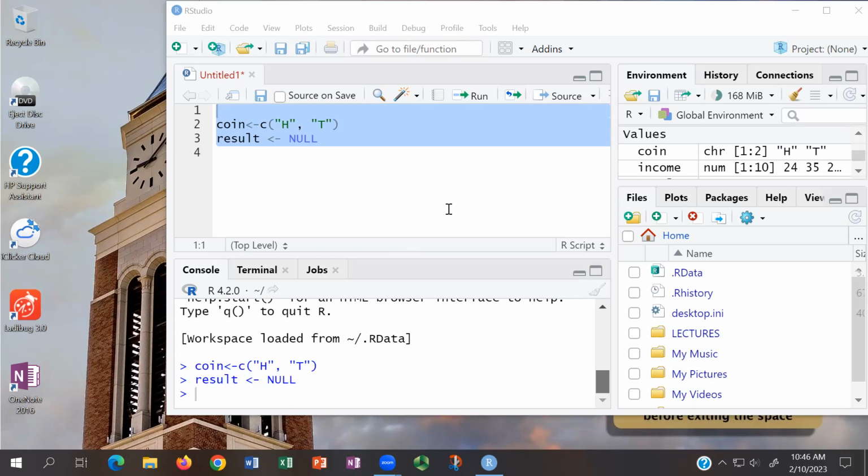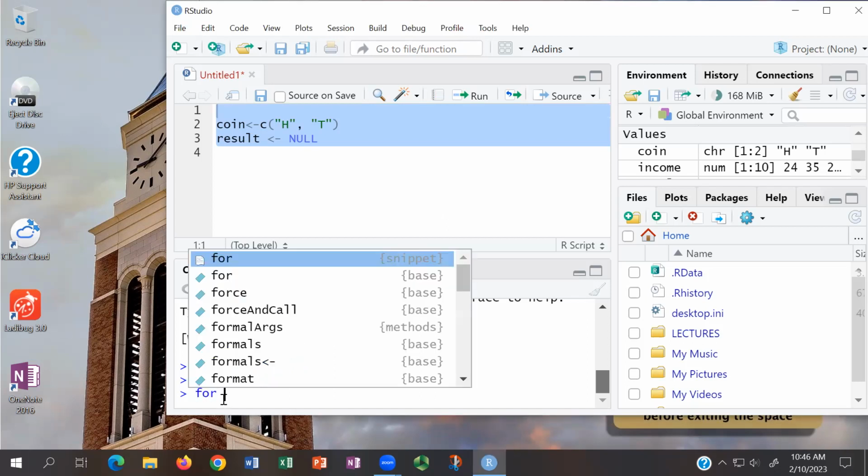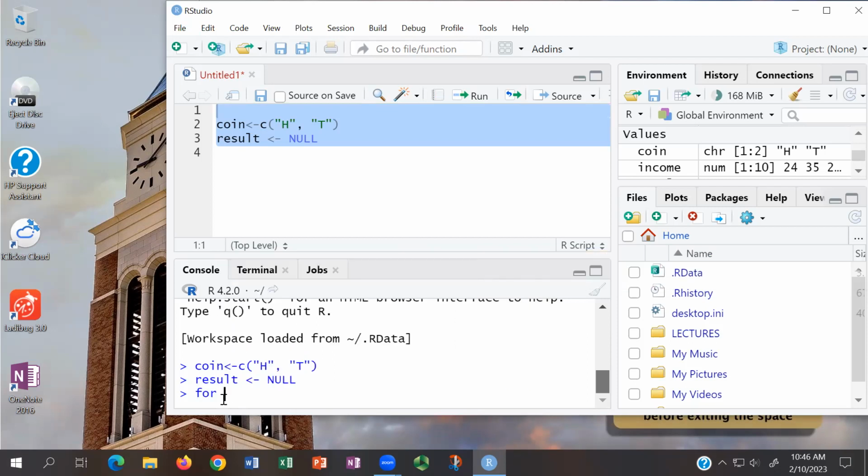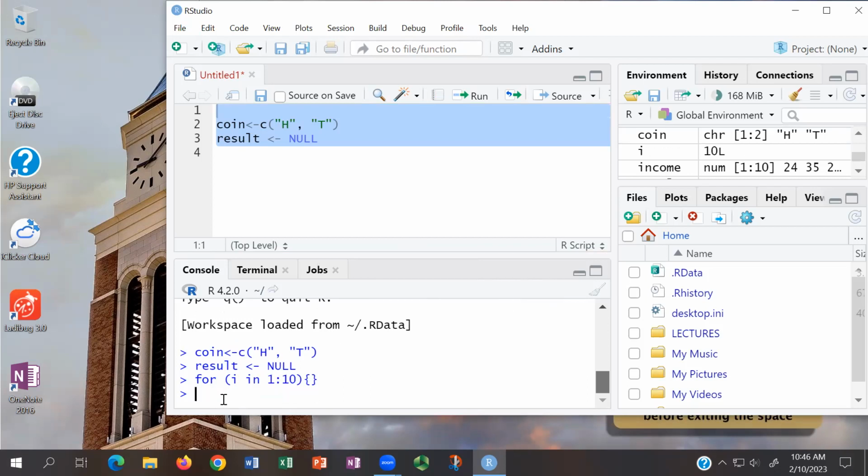All right. Now I'm gonna do a for loop. So for i, or you can say j if you want, for i in 1 to 10, I'm gonna flip the coin 10 times. Right, flip the coin 10 times. I'm gonna write my code in the script.